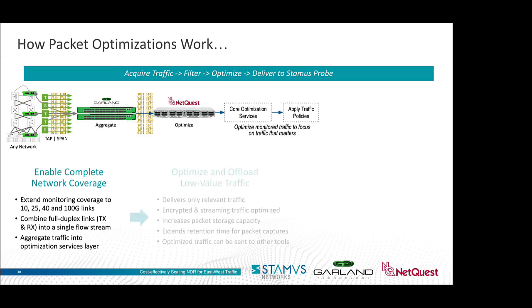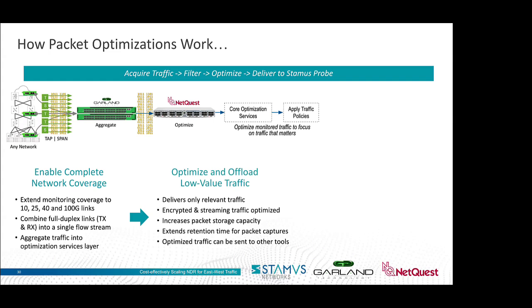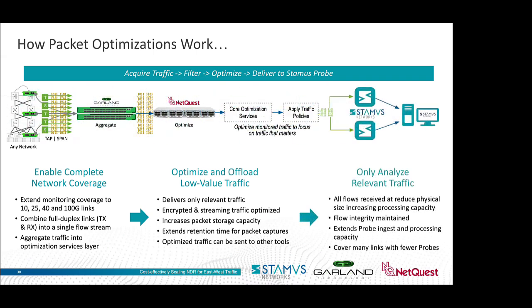What's new within this equation is how do we optimize that traffic in a couple of ways, whether we need to do typical smart services like decapsulation, removing of headers, packet slicing. NetQuest and Garland partnered together. We provide the intelligence services component at NetQuest to the Garland infrastructure. So Garland provides the aggregation piece. They leverage the NetQuest packet services broker to do the optimization. And then next, we would feed that optimized traffic into the Stamus environment.